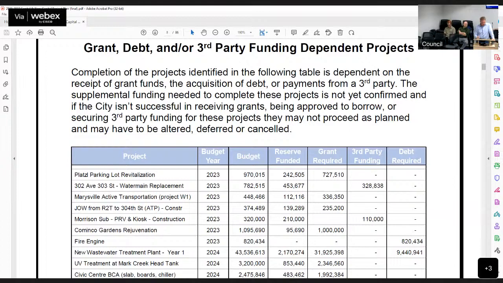Likewise with the Morrison sub PRV and kiosk construction, the cost of that includes a portion of the project that would directly benefit the proposed Legion track development. So similarly, at some point in time, we would negotiate and enter into a contribution agreement with them for their contribution to that project.